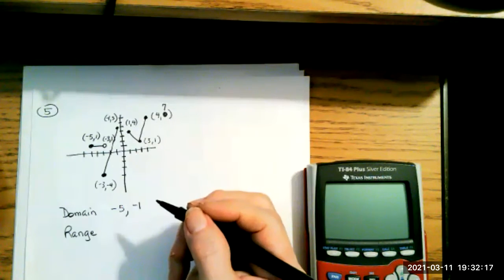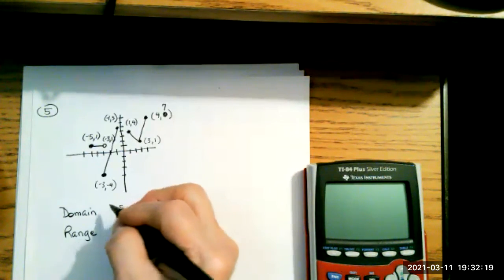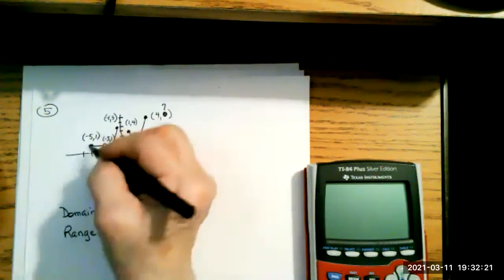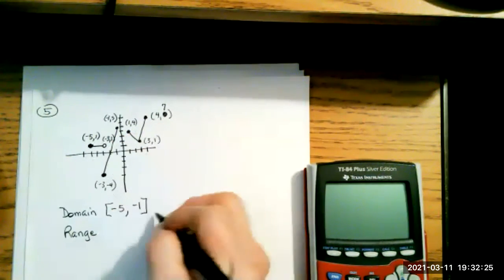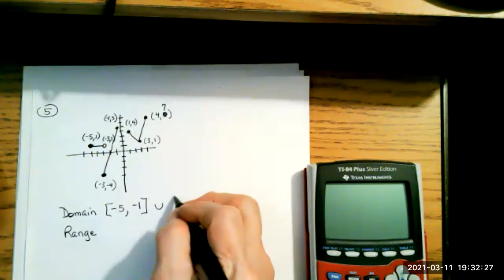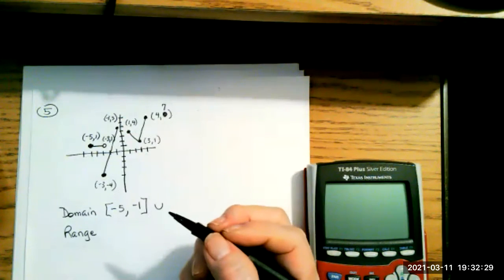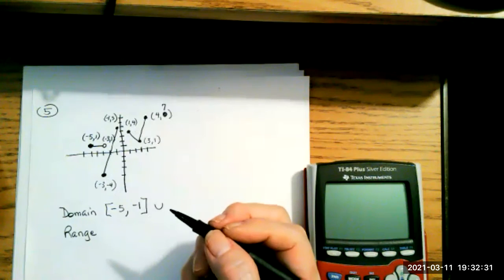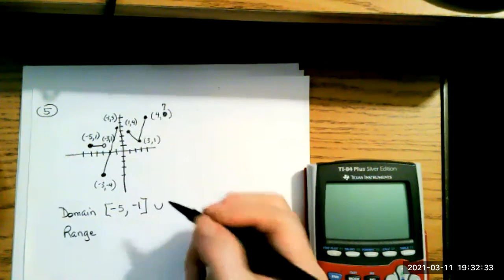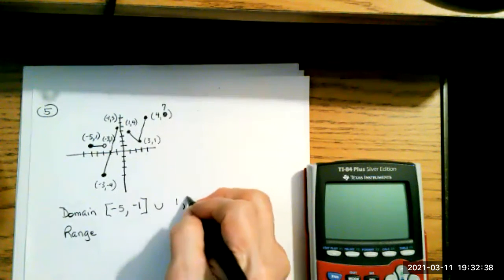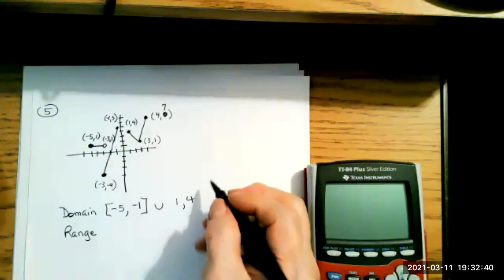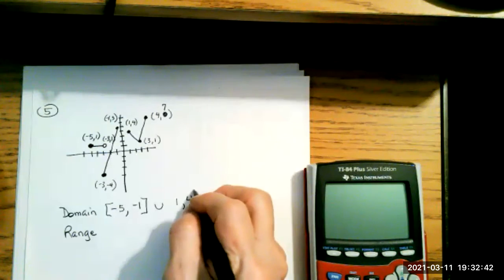I think you're gonna do parentheses on that one. Well, no, you're gonna do a bracket on that one. All right. The other one is gonna be 1 to +4. Bracket or parentheses? Bracket, I think.